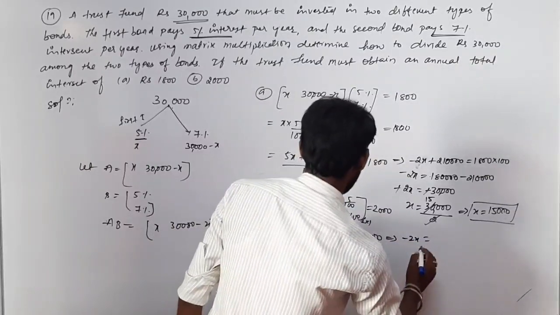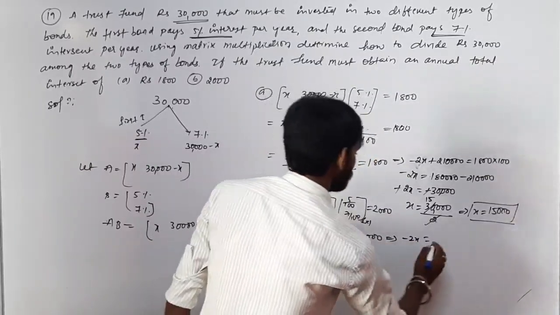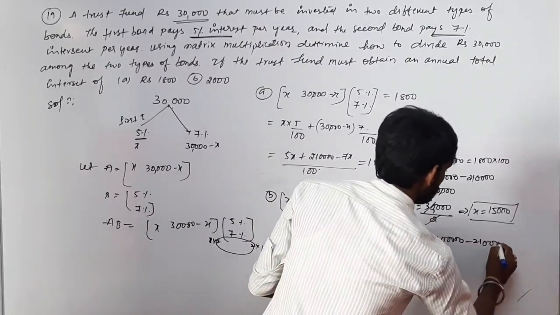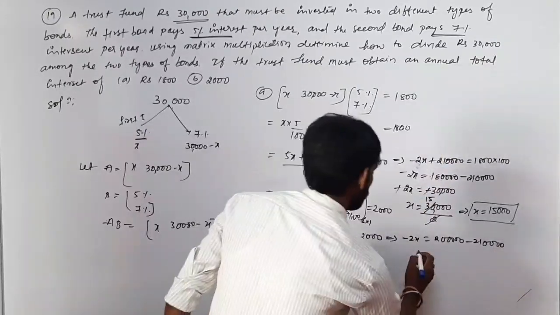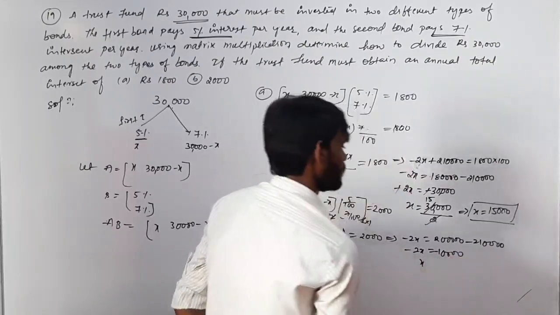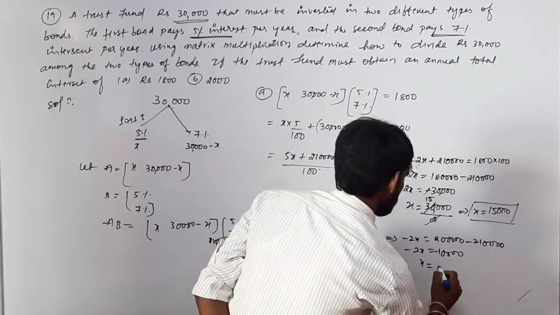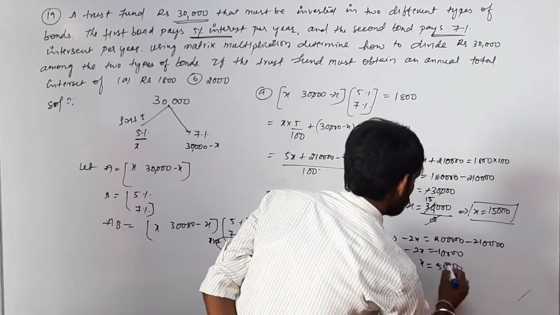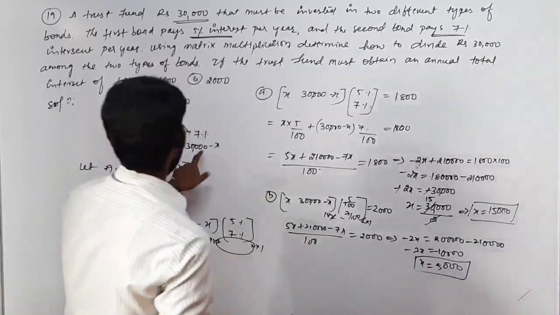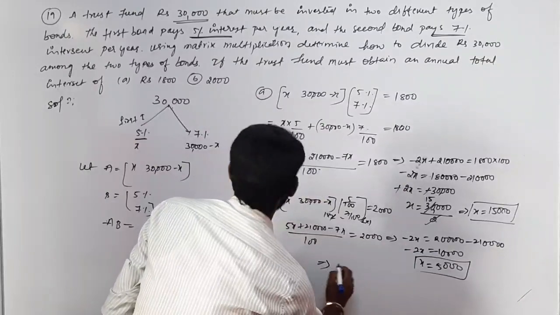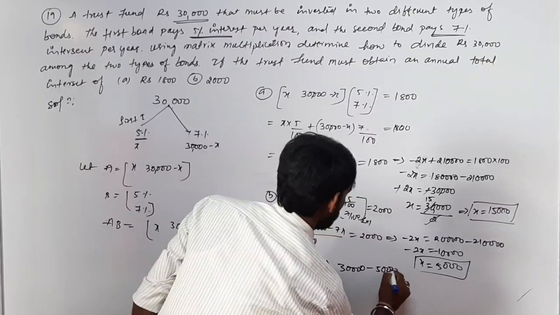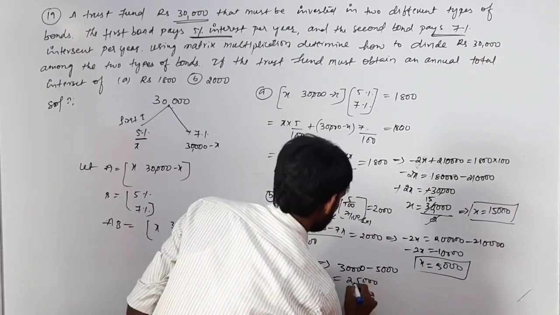Minus 2x is equal to 200,000 minus 210,000. So minus 2x is equal to minus 10,000. So X will be 5,000. They invested this 5,000, and the other amount is 30,000 minus 5,000, which is 25,000.